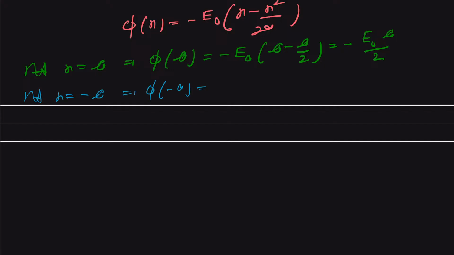So the potential will be equal to minus E naught minus a plus a by 2, which gives us E naught a divided by 2. So this is our value of our potential as well as this electric field, charge density, sorry, we were required to find out. Next question.